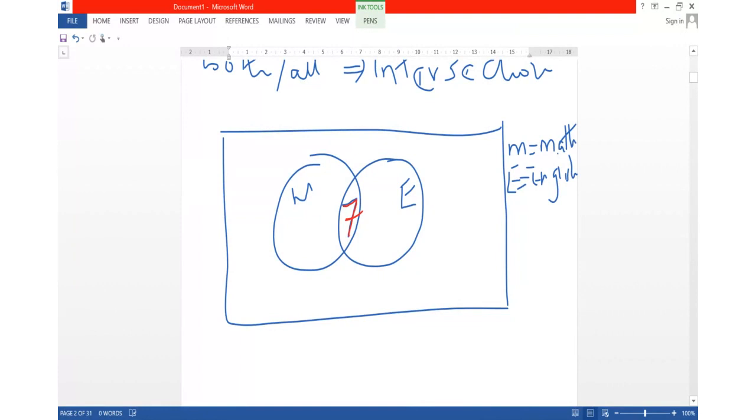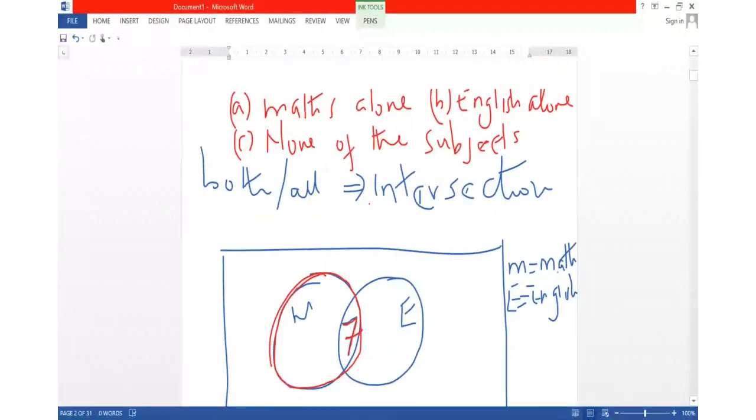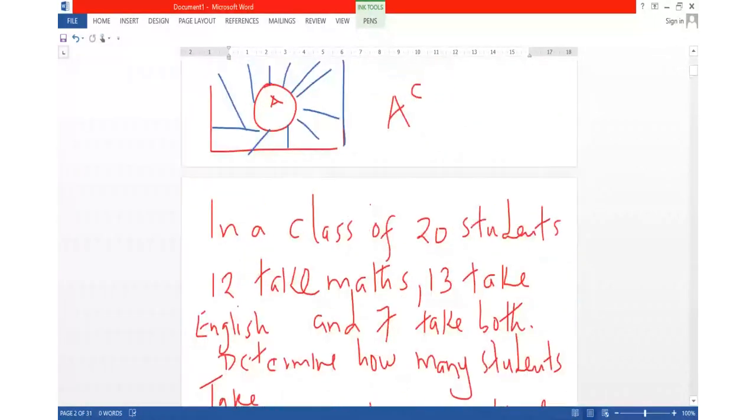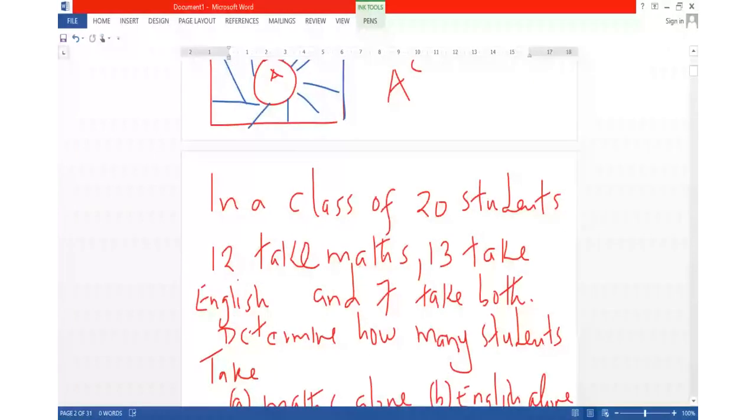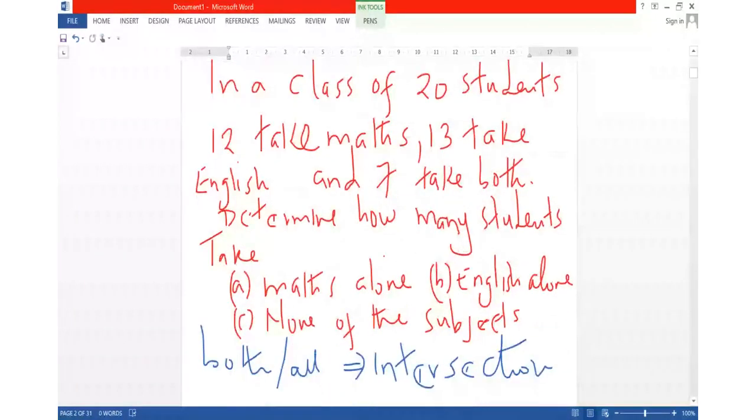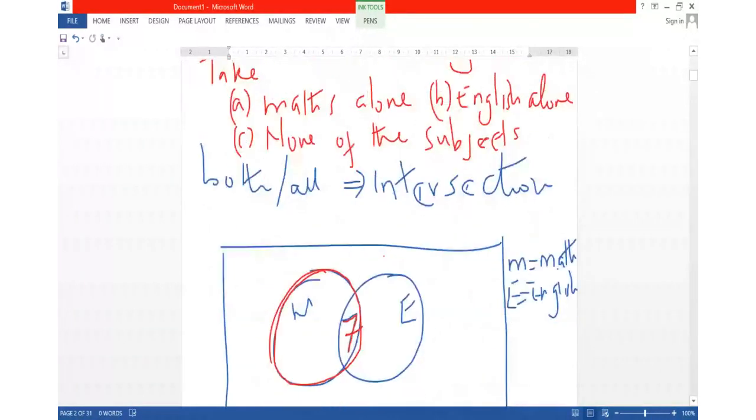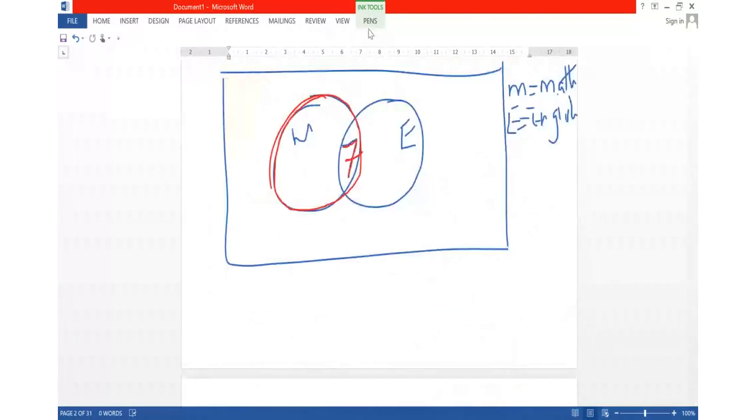Now let's go to this circle of maths. Go back to the question. How many students are doing maths? There are 12 students, but in this circle of maths, you can see that the 7 is already inside the circle.